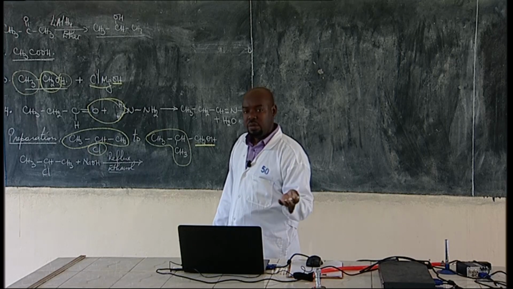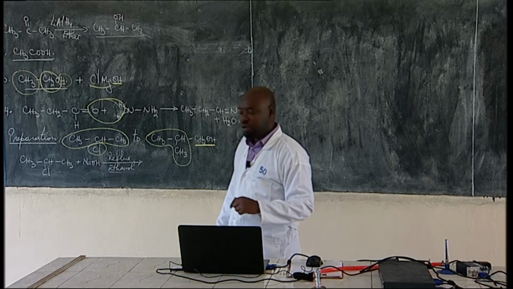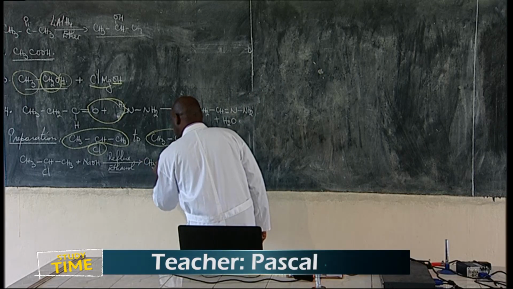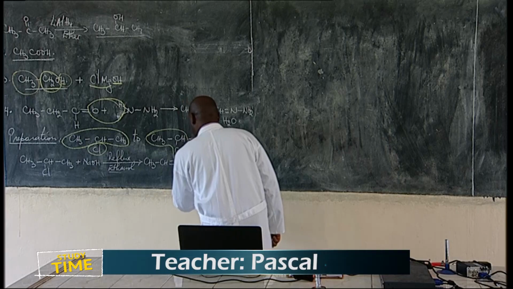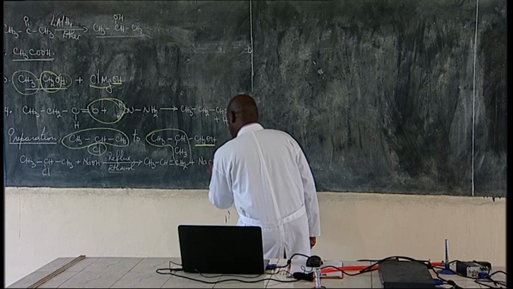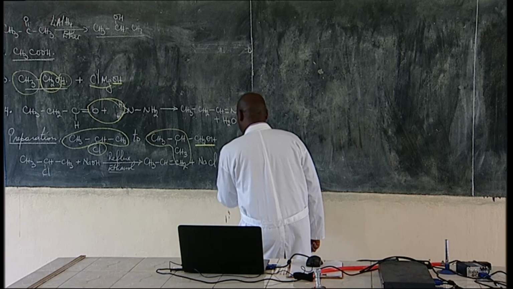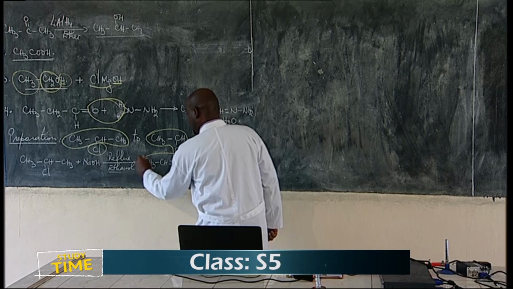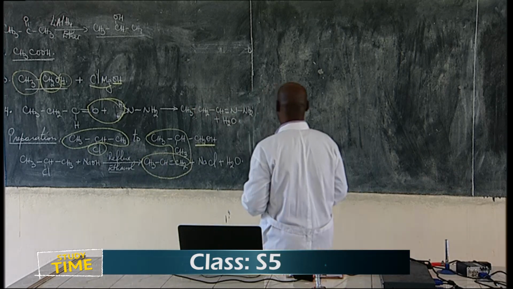So to have an elimination, because we want to create a double bond, we use ethanol. And we get CH3CH=CH2 plus sodium chloride and H2O.